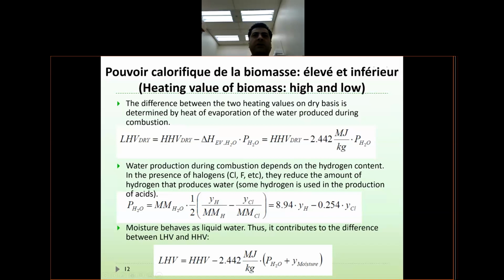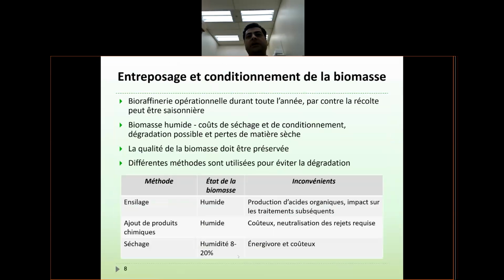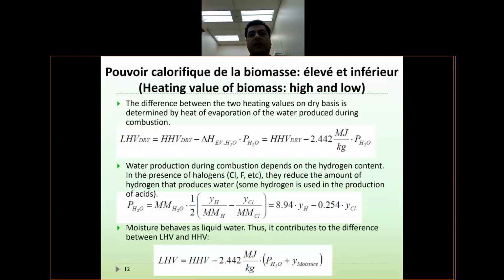If you remember, we said that in conditioning you are applying some methods in order to store your biomass for some time, so you are adding water anyway to the biomass. As you will see later, having any water with biomass decreases the low heating value of biomass. In other words, you have to do drying to get rid of the water content.